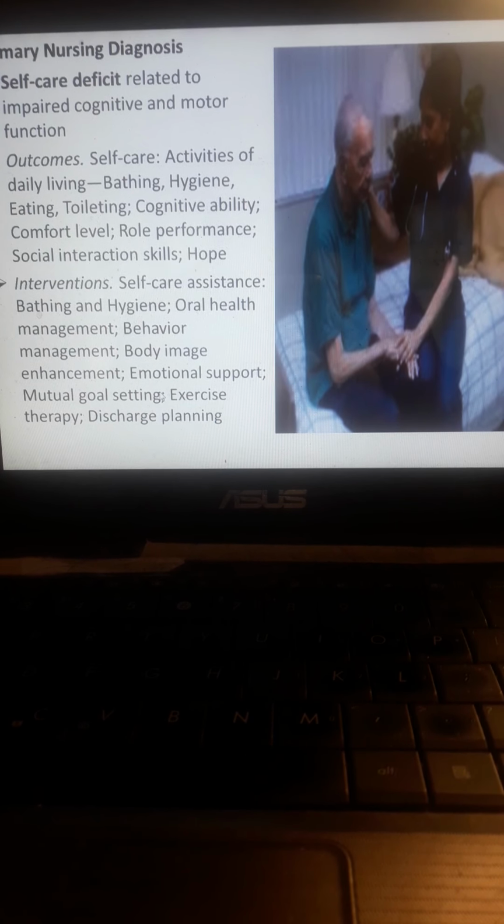Okay, usually for exercise therapy, the patient is on medications plus your interventions. Okay, especially hygiene and bathing, right? Oral health management, so they know how to brush, and behavior management, okay?